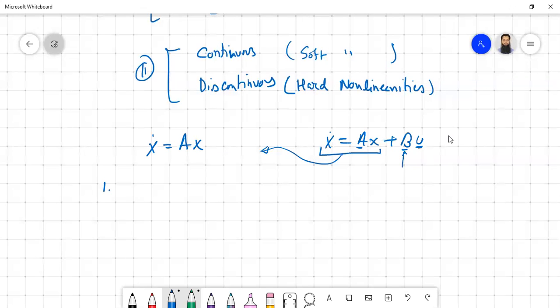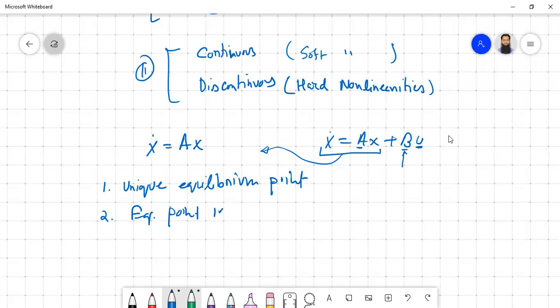This is one. Then second, the equilibrium point is stable if all eigenvalues of a have negative real part.